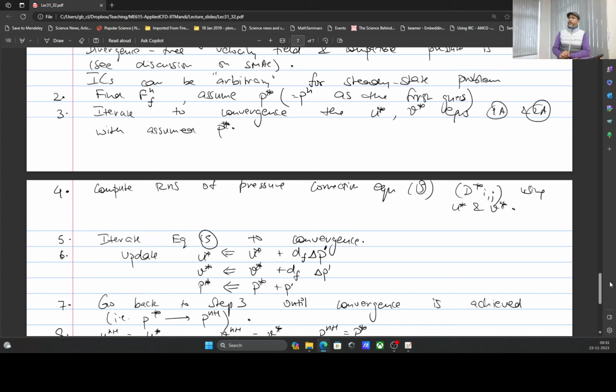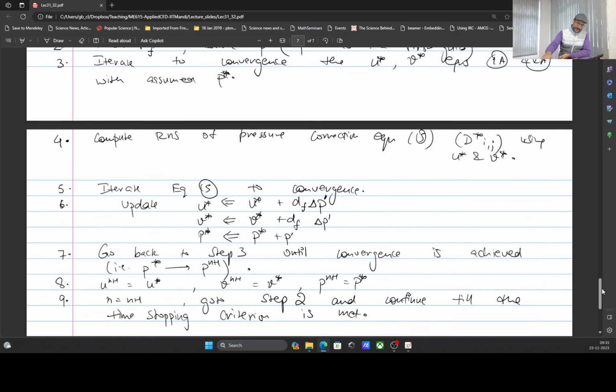Pressure we don't touch. Pressure is p star, that is updated. And then finally in step number 8, when we write the updated values, we also update the value of f^(n+1). So just with this tweak, we are able to get a solution to fully implicit.